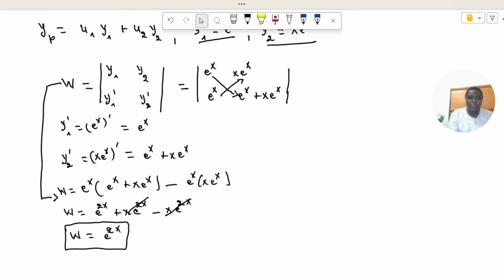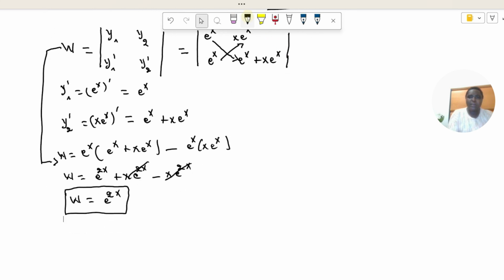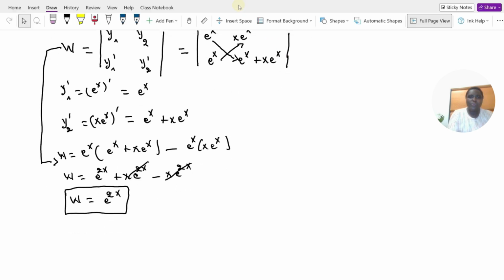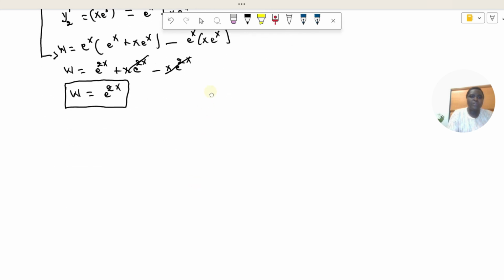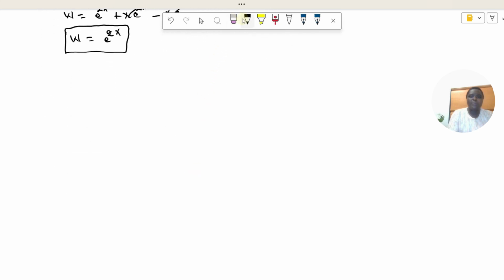So how do we compute parameters u1 and u2? To compute u1 derivative, it is always equal to minus y2 times f of x.